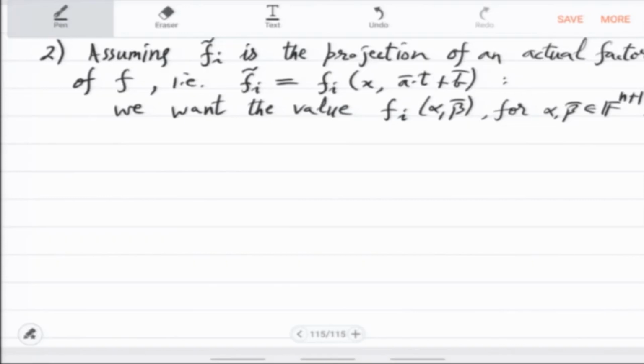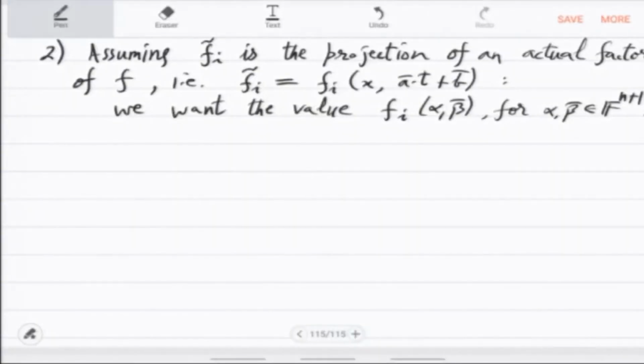So for a given (alpha, beta bar), you want the value Fi(alpha, beta bar). You don't know Fi, but you do know Fi tilde, its bivariate projection. In this bivariate projection, you can substitute x to be alpha, but it is not clear what to substitute in t so that you get beta bar. That may not be possible. So to get around that problem, you have to do more computation.